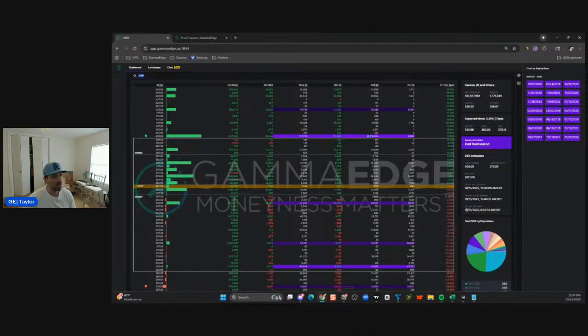But the Greeks are always being constantly updated. It's just spot price that we're caching every couple of minutes, which is not a big deal. In our opinion, you don't need this to be instantaneous as soon as you hit the refresh button. Structure is not changing that fast.